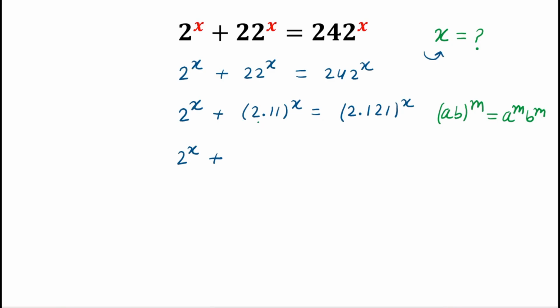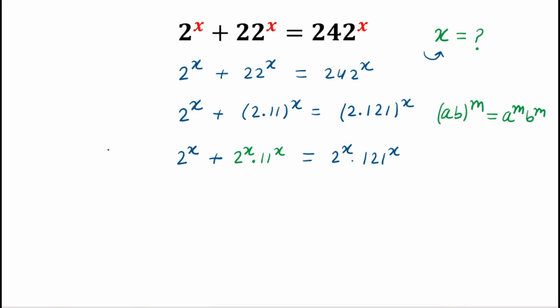Look carefully, this 2 behaves like a, this 11 behaves like b, and this x behaves like m. So we can write this expression as 2^x times 11^x. Similarly, this 2 behaves like a, this 121 behaves like b, and this x behaves like m. So we can write this expression as 2^x times 121^x.